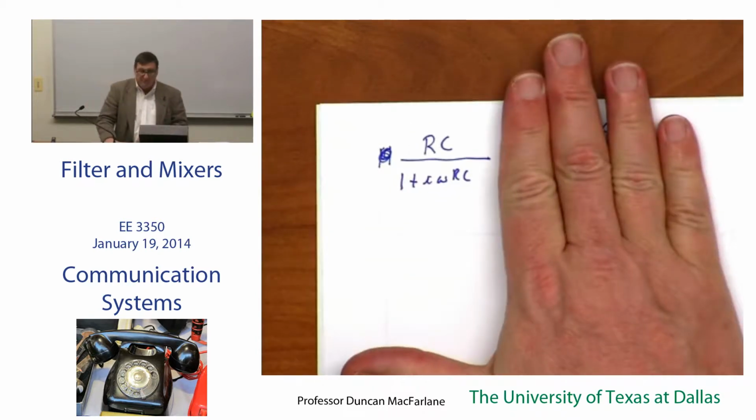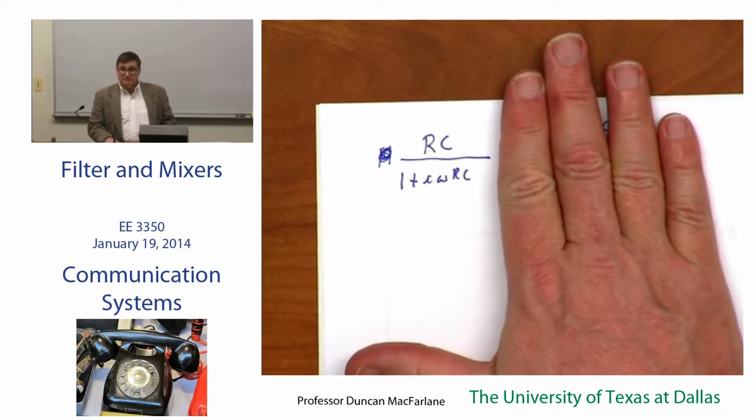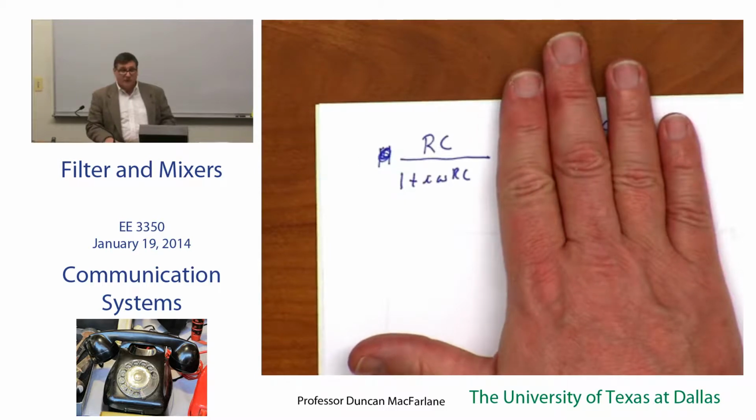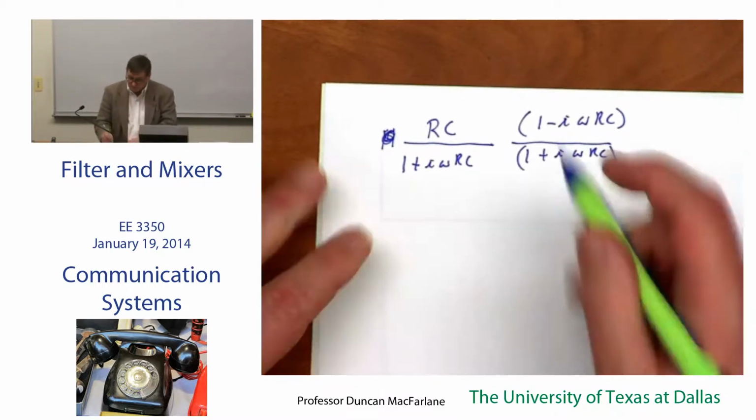So this piece here is my H of omega. And I don't like the complex denominator, so I multiply by complex conjugates.